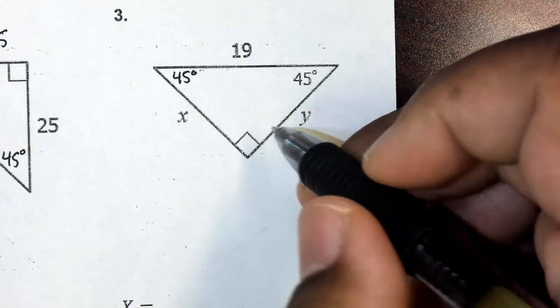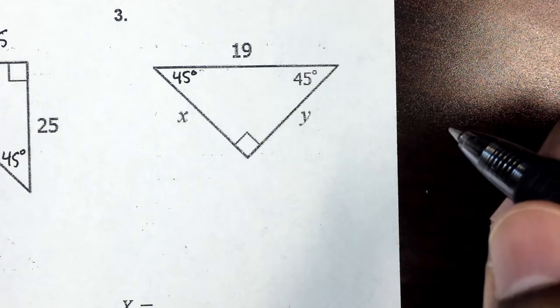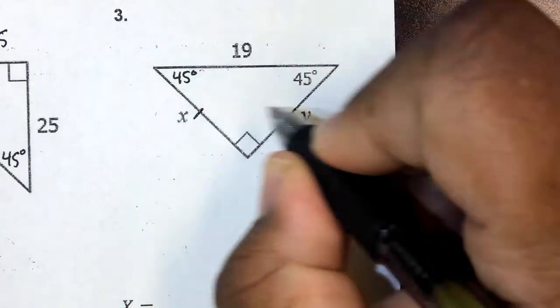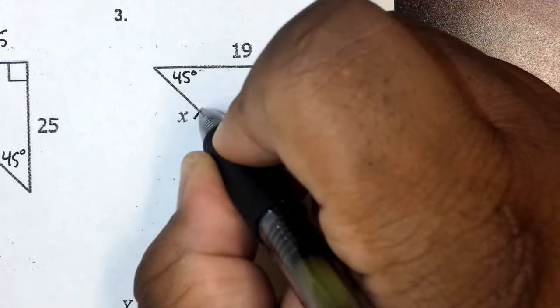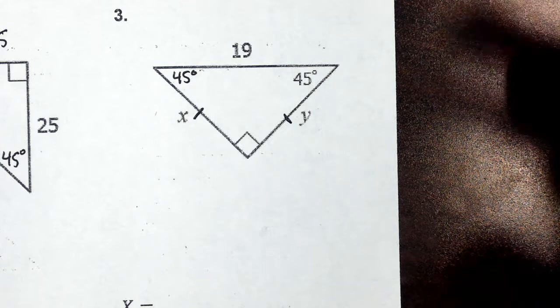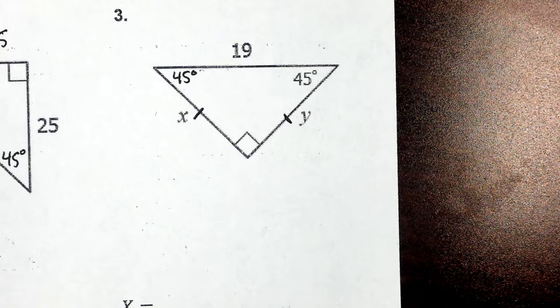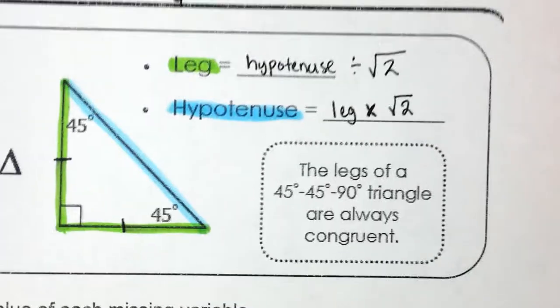What should you know about the legs on this 45, 45, 90 triangle? The legs are always congruent. So whatever these values are, they're both going to be the same. So I really need to only find one, and I'm going to know the other one off the bat. If you look up top, how do we find a leg in a 45, 45, 90 triangle if we're given the hypotenuse? It's the hypotenuse divided by the square root of 2.